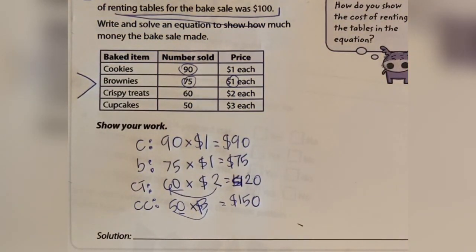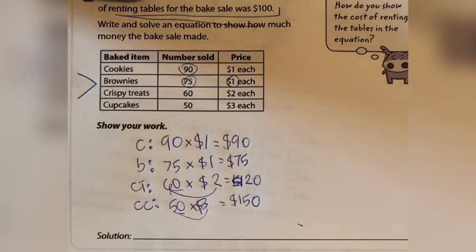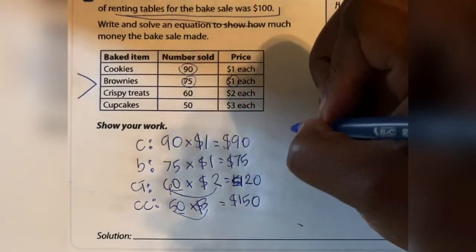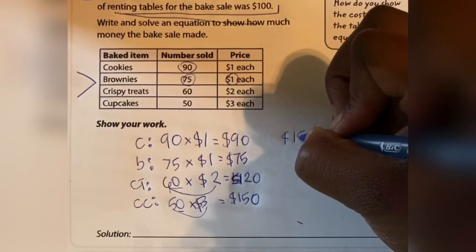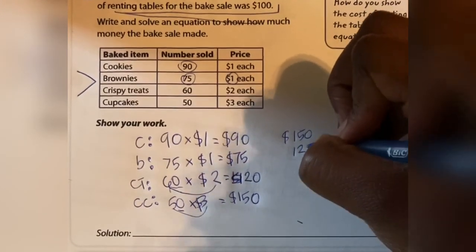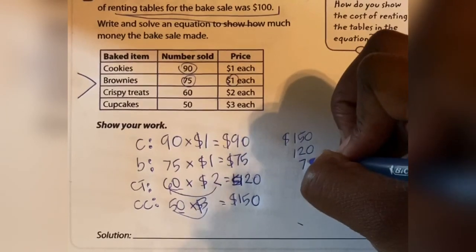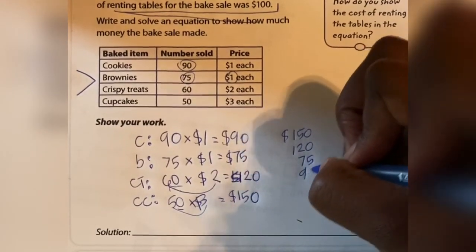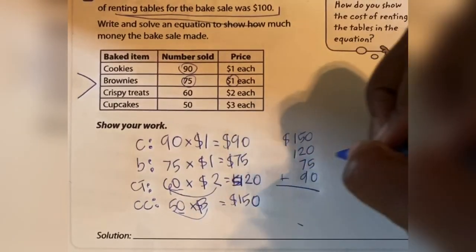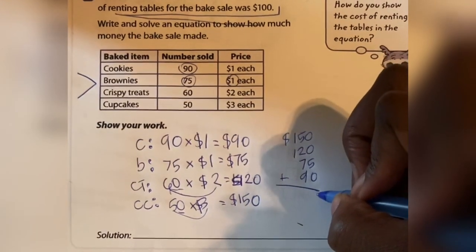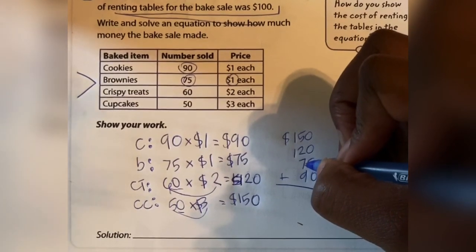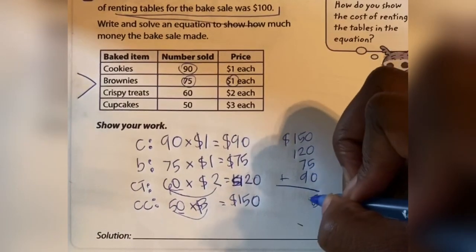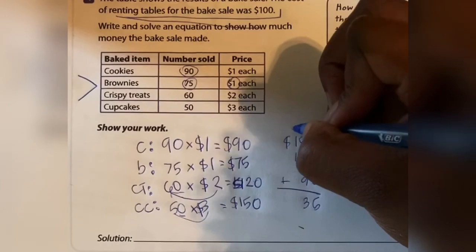So now in order to find out how much they made with the actual items, I need to add all of those items up. So $150 plus $120 plus $75 plus $90. 0 plus 0 plus 5 plus 0 is 5. 5 plus 2 is 7, and 7 plus 7 is 14, and 14 plus 9 is 23.